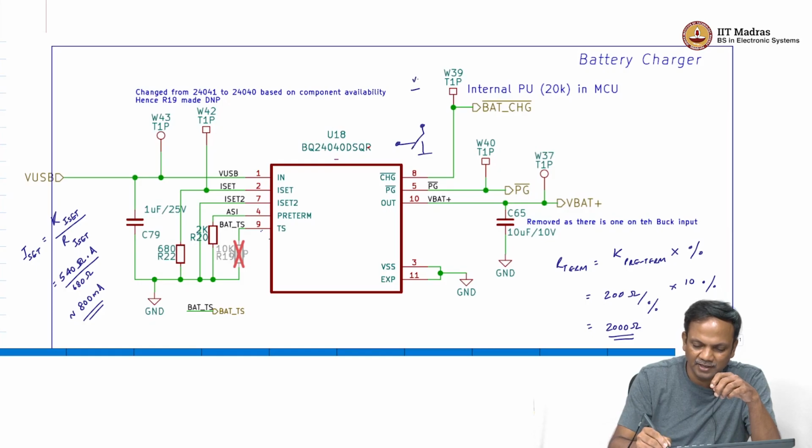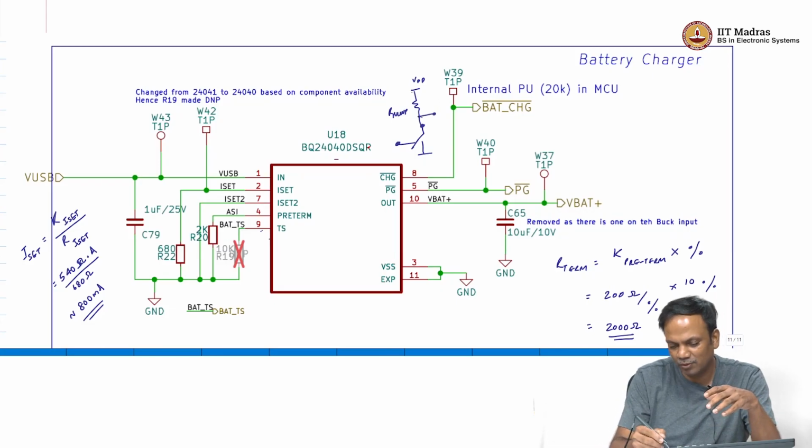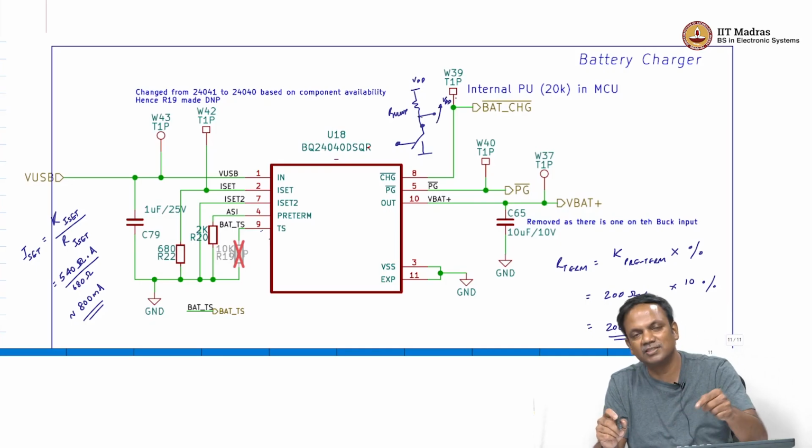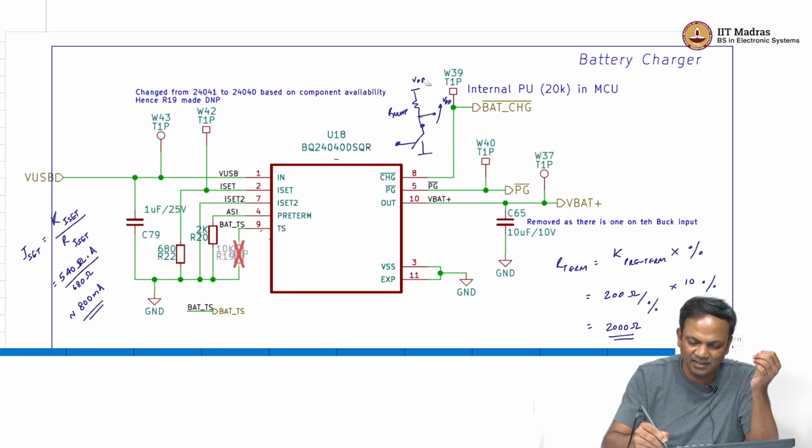Now, if you have VDD and you connect a pull up resistor, the pull up resistor will compete against the switch. If the switch is off, there is no current flowing through the pull up resistor, which means this voltage will come to VDD. Whenever that voltage goes to VDD, you know that charging is either not happening or done.